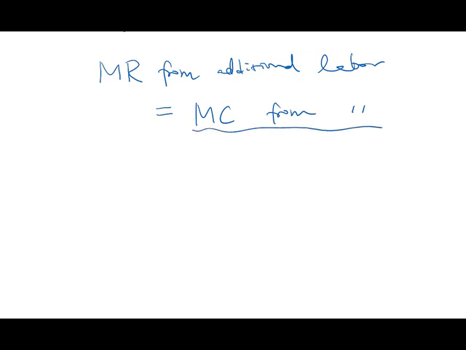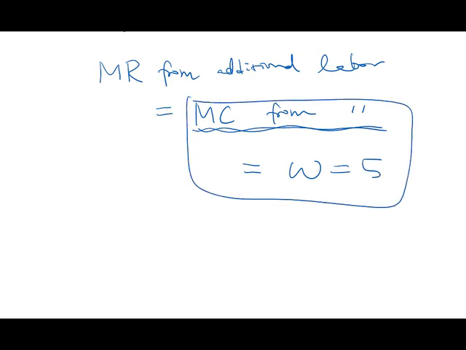First, additional cost you need to pay one more unit of labor is you pay wage for that additional unit. So marginal cost from additional unit of labor you hire is basically wage or the price of labor, which is $5, right? So we know what will be in the right hand side of the equation.